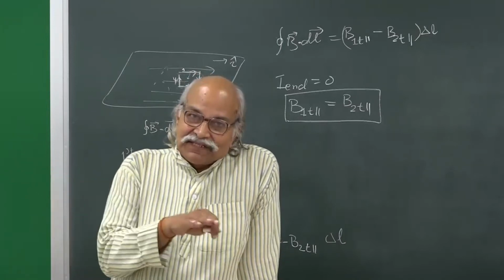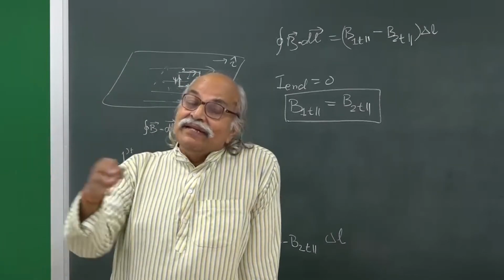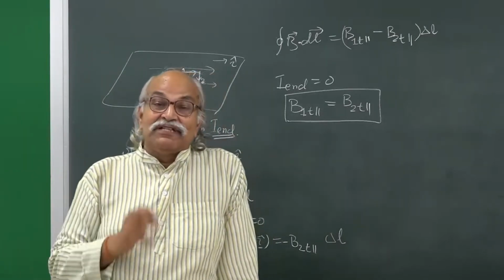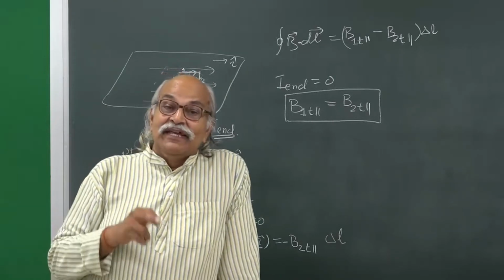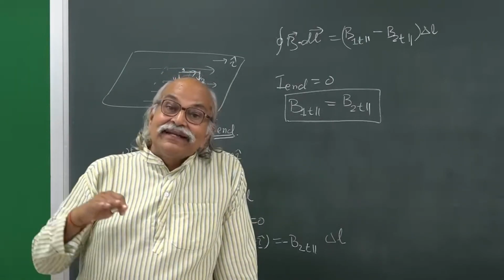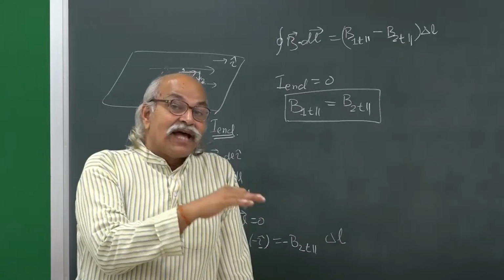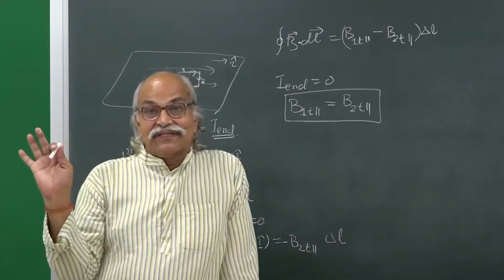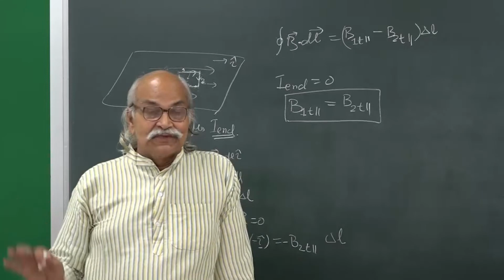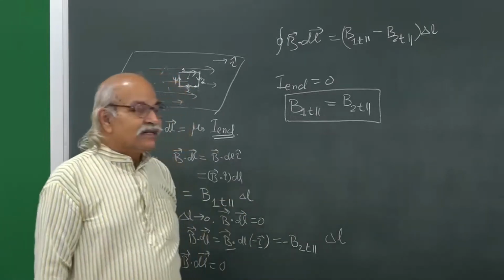Tangential to that surface, and since there are many tangents, we have to specify which tangent. Therefore, we are saying the tangent in the direction of current. So, that component will be continuous, that component will not change. That is our another boundary condition.